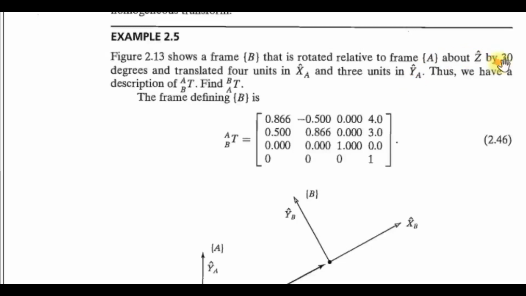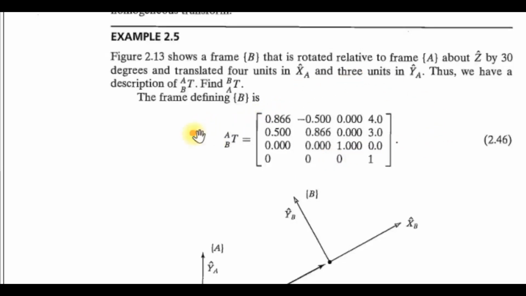And the rotation is 30, so it is nothing but RZ30. In case of RZ30, this is cos 30, this is minus sin 30, this is sin 30, and this is cos 30, that is 0.866, and these values are 0, and this is 1 and these are all 0.